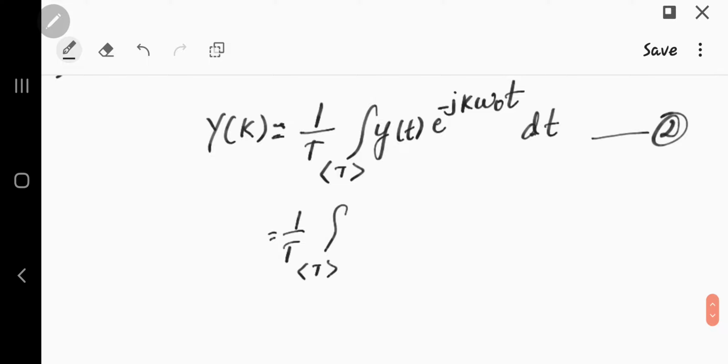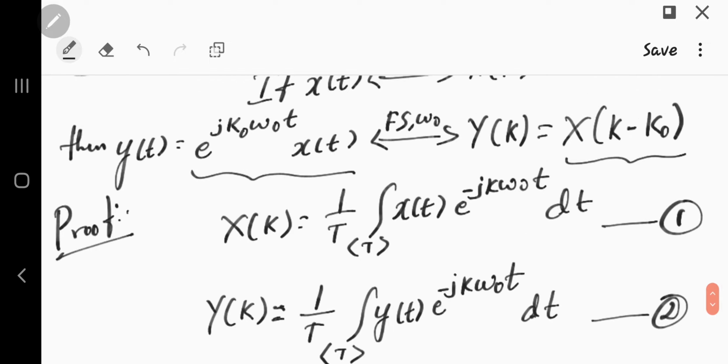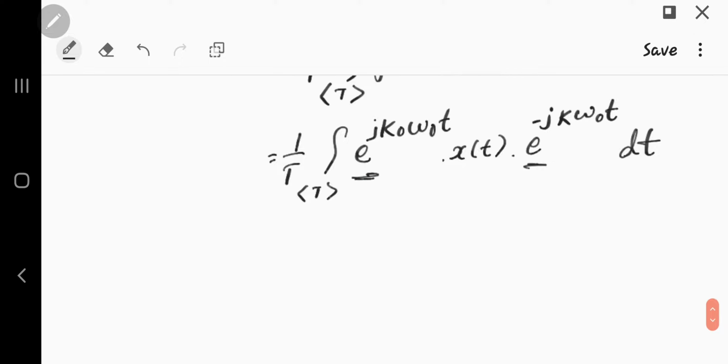Y of t is e power j k naught omega naught t into x of t. This is what I have substituted here, into e power minus j k omega naught t dt. Now these two have the common base e, and we can combine them. So x of t e power minus j.